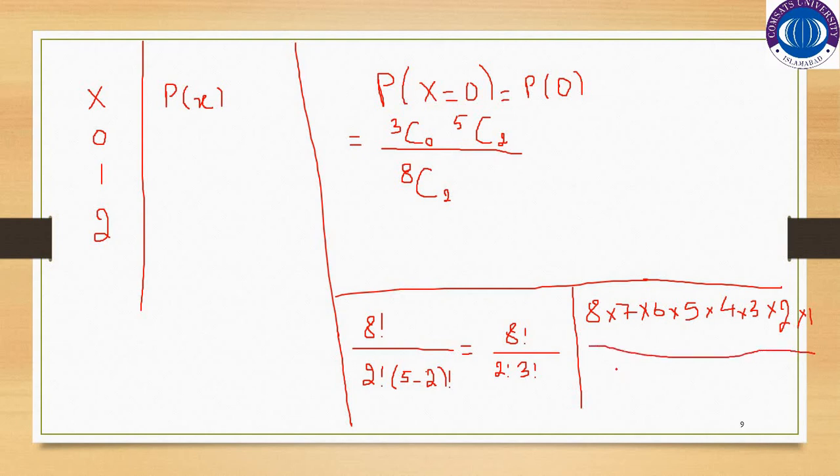Divided by 2 into 1. You can open the 2 factorial this way. I'm just putting the bracket here to separate the 2 factorial and the 6 factorial, and this would be equal to 6 into 5 into 4 into 3 into 2 into 1.